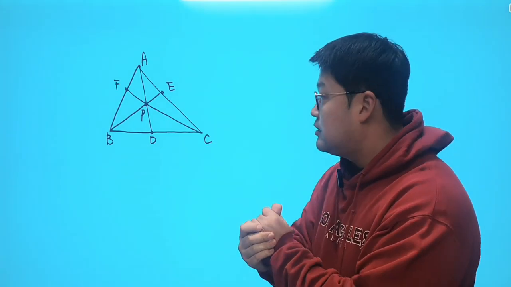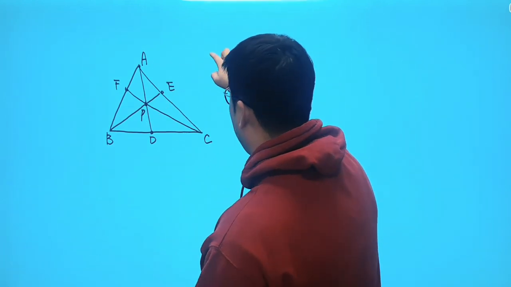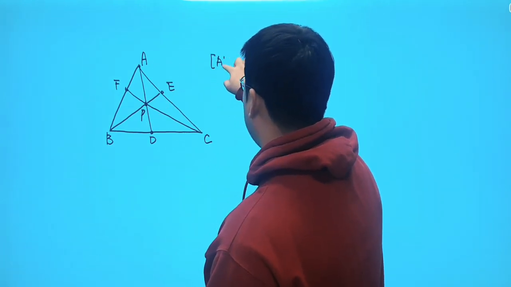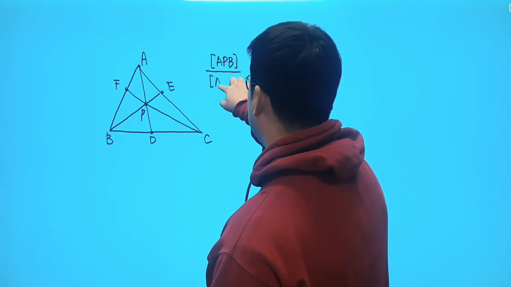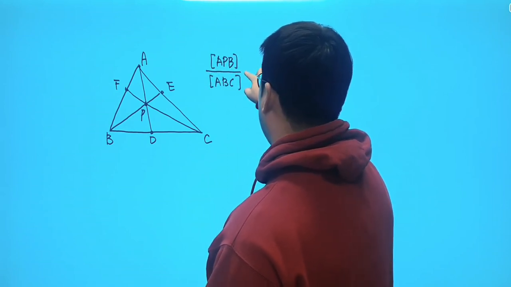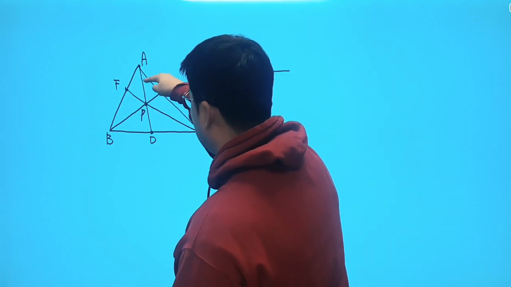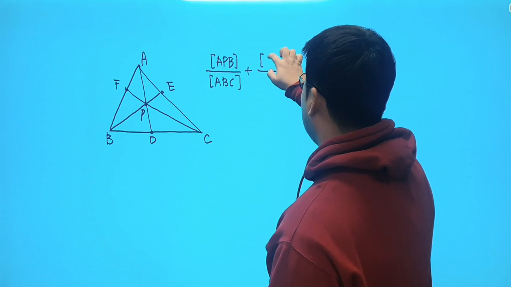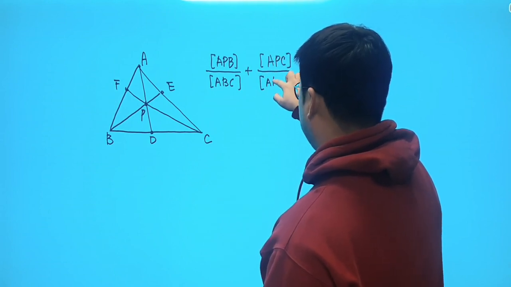If I want to figure out certain area proportions, well, you know that the area of triangle APB to the whole thing, which is triangle ABC, turns out to be the same thing as, well, APB corresponds to this part, and I would like to say APC. So we got APC out of ABC.